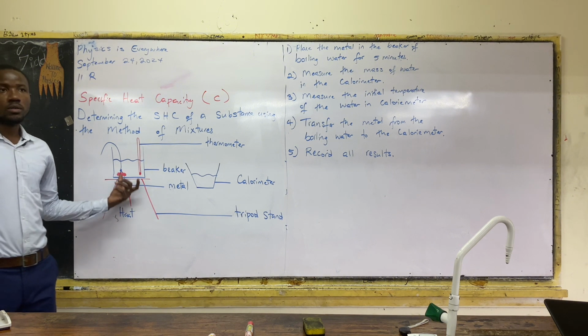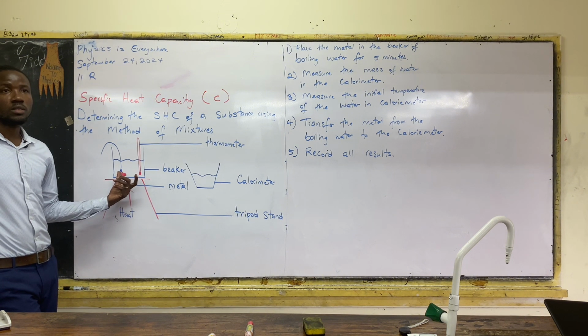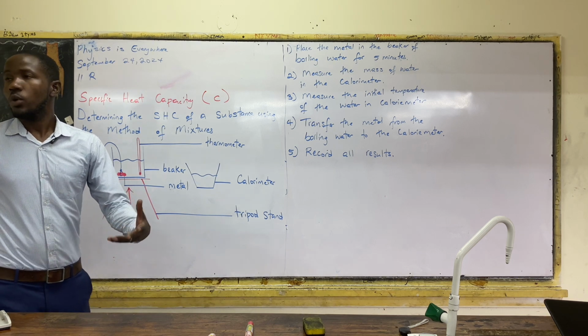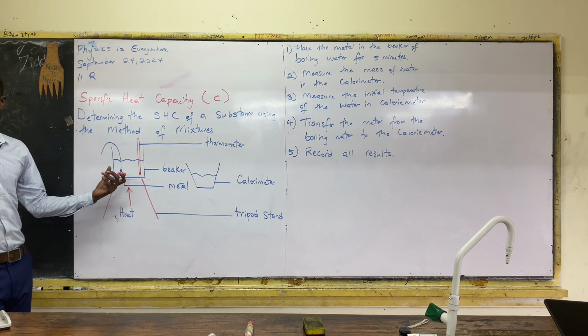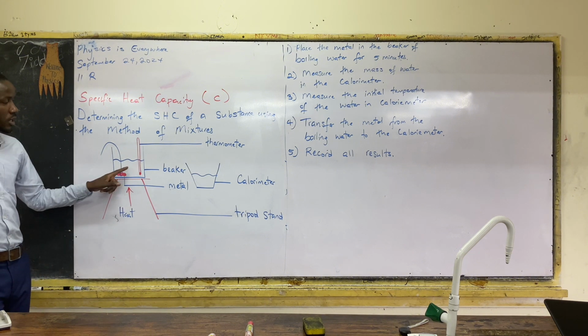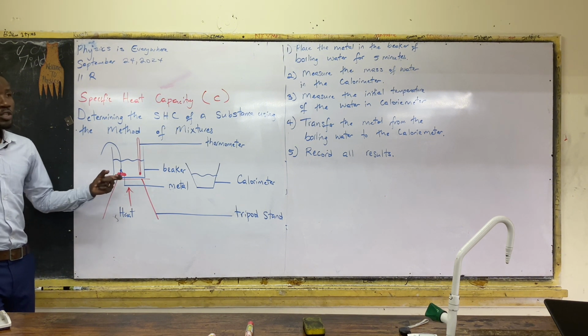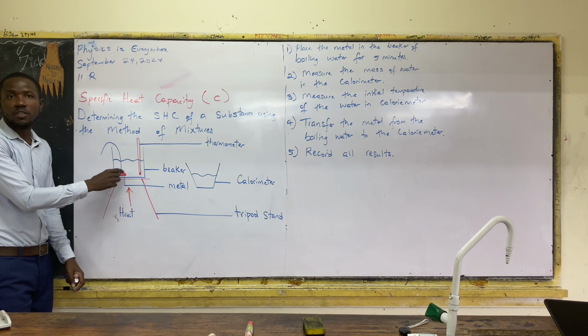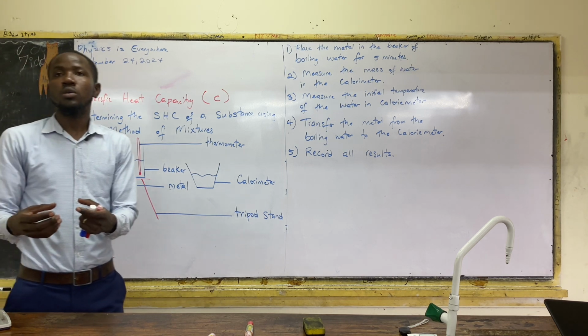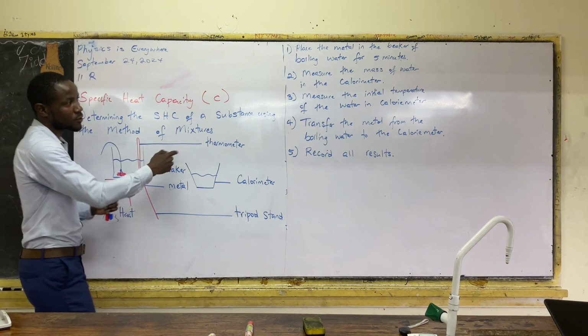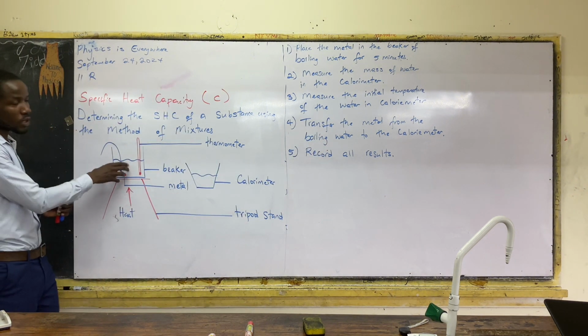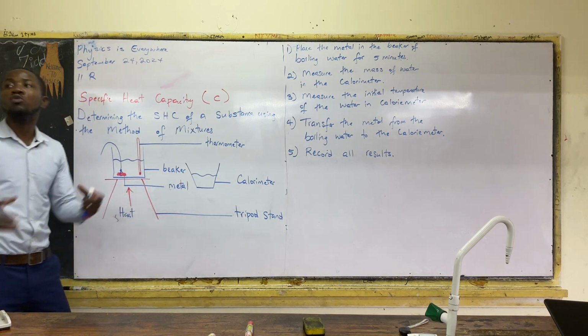When we have the metal in the boiling water for 5 minutes, we're going to assume that is enough time for the temperature of the water and the temperature of the metal to be at equilibrium. So the temperature of the water and the temperature of the metal is going to be the same. Now, we're going to transfer the metal from the hot water into this water, which is going to be at room temperature.